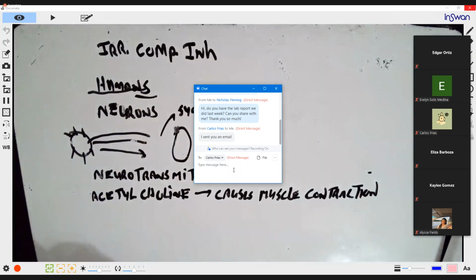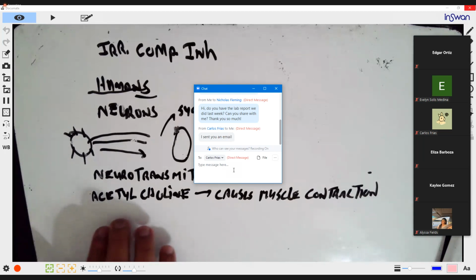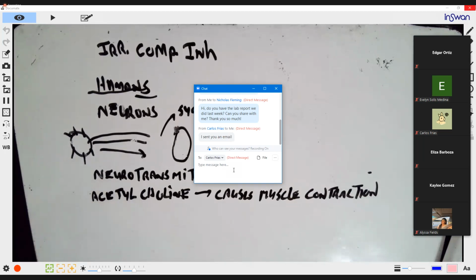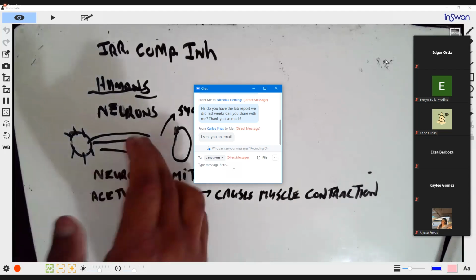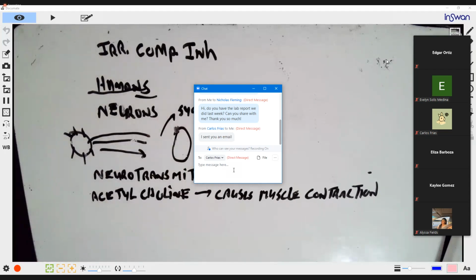Now, let's say the neurotransmitter has done its job, acetylcholine has done its job, and your muscle is contracted. Then we have to get rid of it. Suppose we don't get rid of it, what's going to happen to you? Let's say this neurotransmitter is left in the space here and keeps contacting the muscle cell.